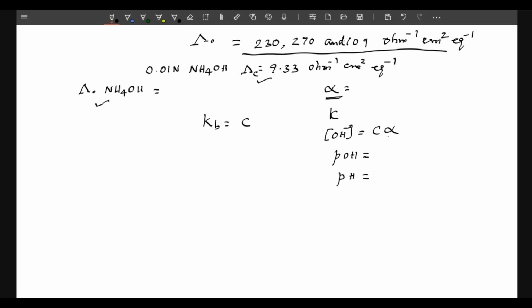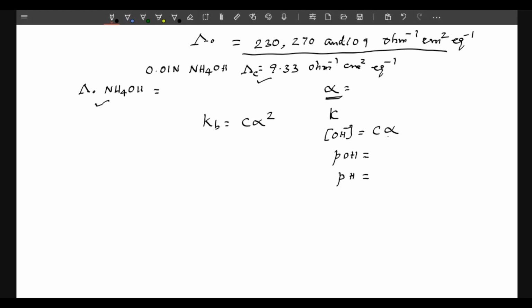Then you can calculate Kb. Kb is equal to C alpha square. Here we are omitting the alpha for simplicity of the mathematical calculation, because no calculator is given. But in the JAM examination, they will provide you the virtual calculator. In that case, since they are expecting the answer truncated to 2 decimals, you should not neglect alpha.